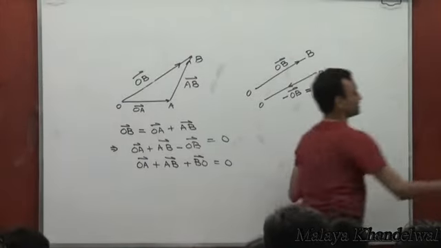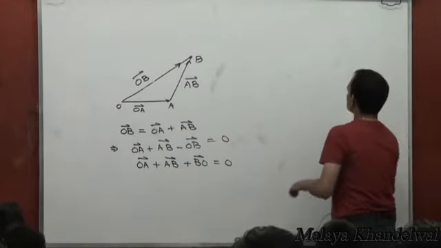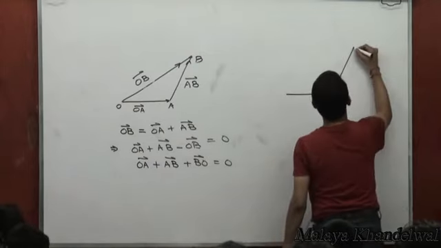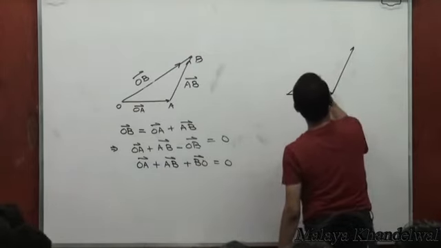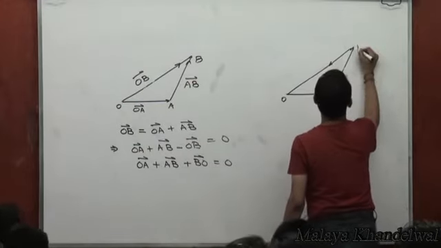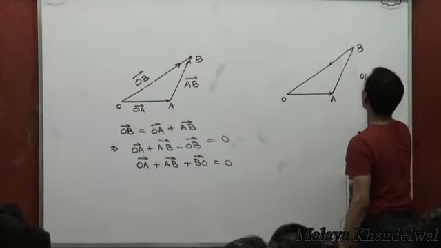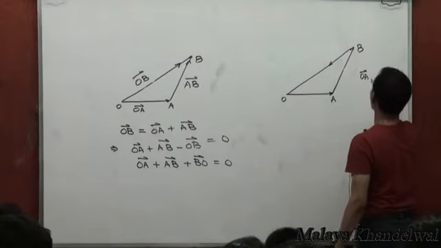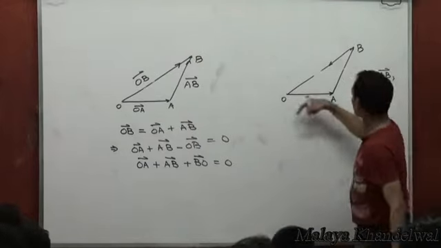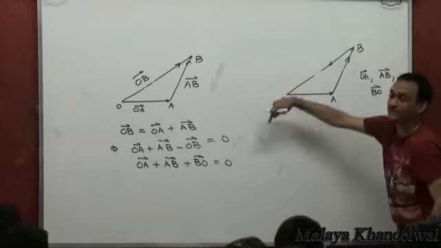Now what it means then is the following. Suppose you had three vectors: a vector OA, a vector AB, and a vector BO.